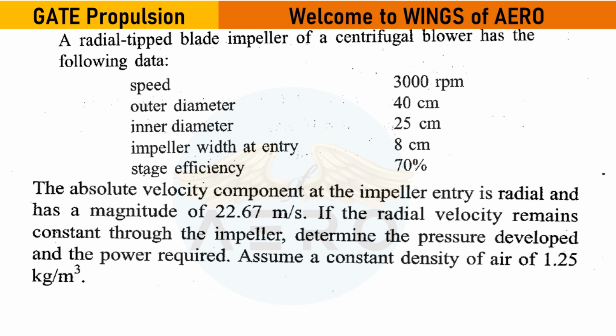If the radial velocity Cr remains constant throughout, determine the pressure developed and the power required, assuming constant density of 1.25 kg per meter cube.